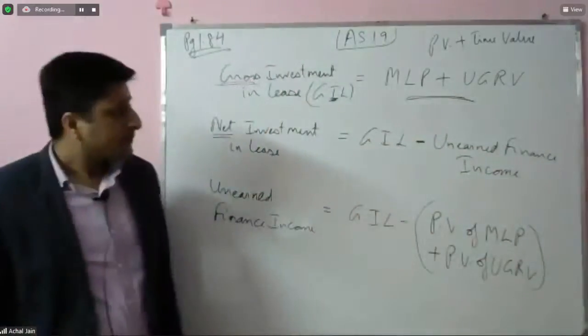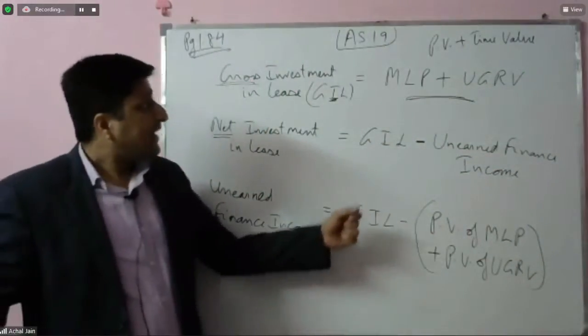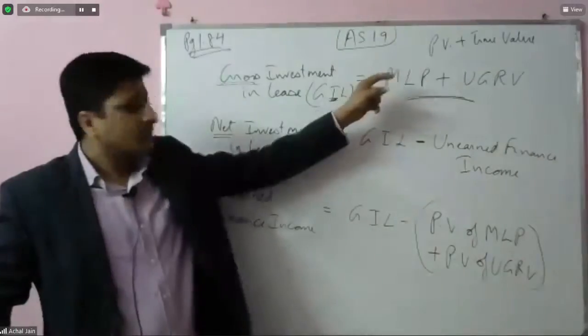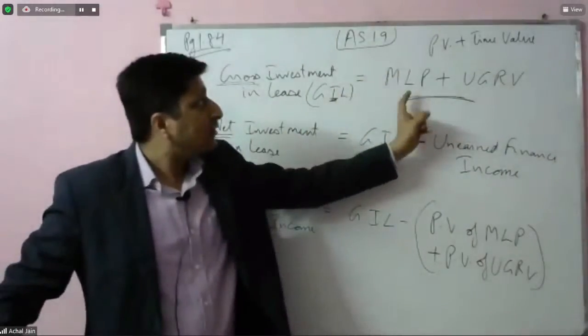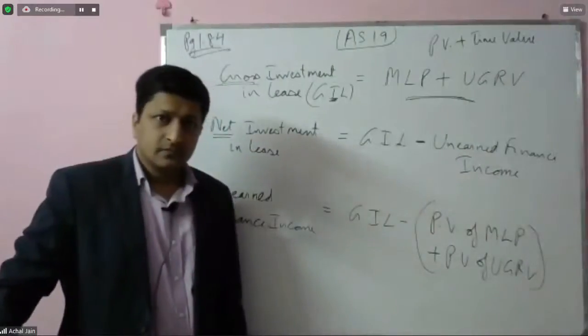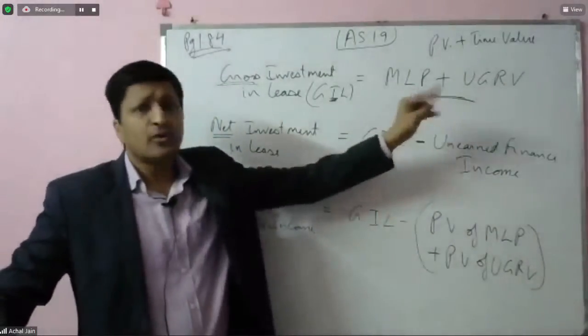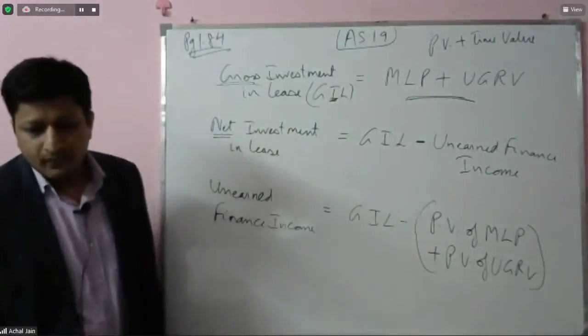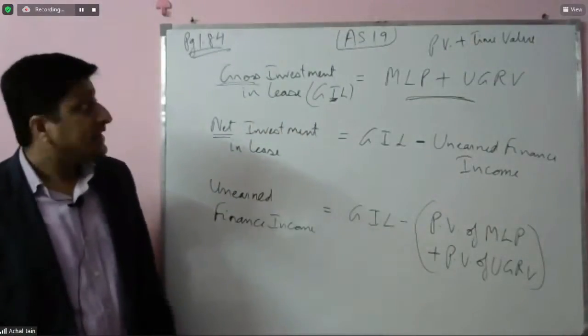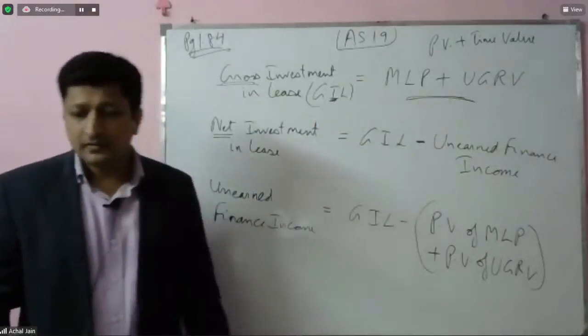Okay. Now, if I reduce present value from these two, what do I get? I will get time value of money.